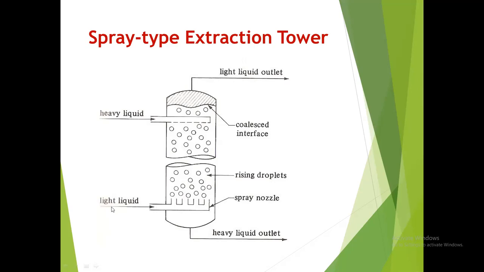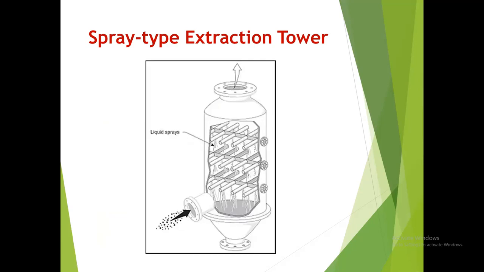The light liquid or your solvent is introduced at the bottom, and it flows countercurrent to the heavy liquid feed that goes down. Your extract is removed on top of the tower, and your raffinate is removed at the bottom. This is your spray extraction tower. They are not often used, but on some special occasions they are utilized.